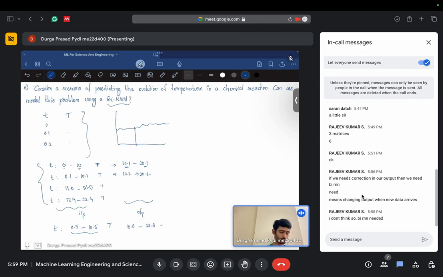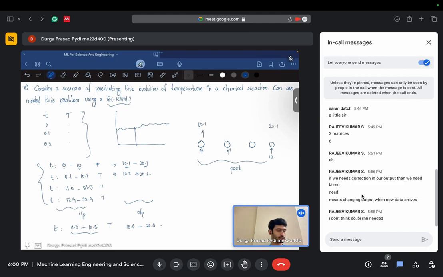In this scenario, it is quite simple. All you're doing is just looking at the past and then predicting something. But then if you expand this model, all you're doing is t equal to 0 to t equal to 10. You're using all the past information to predict your future information, so 10.1 to 20.1.